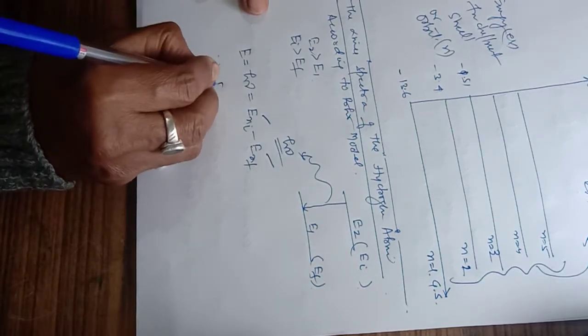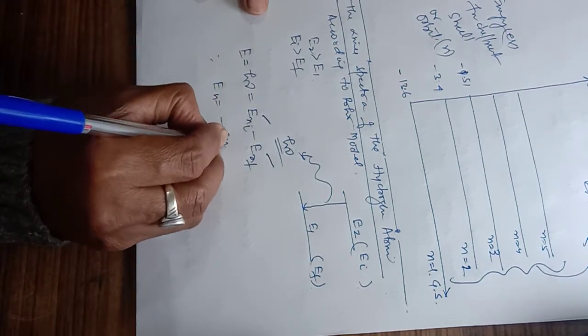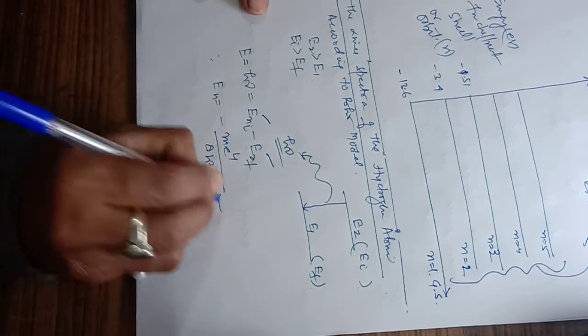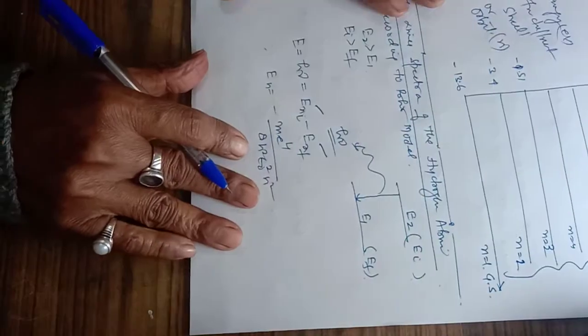So as we know, En is equal to minus me to the power 4 upon 8 h square epsilon 0 square n square is the formula.